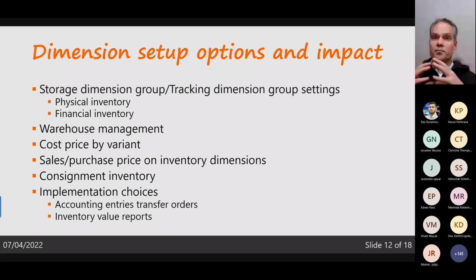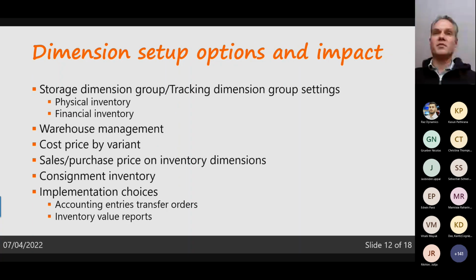For the option to allow negative physical or allow negative financial inventory on the item model group, if you enable the physical inventory or financial inventory on the item model groups, it will also take that dimension into account. So if you want to have the location being part of the physical inventory, for example, in that case, you can't have any negative inventory on the dimension.